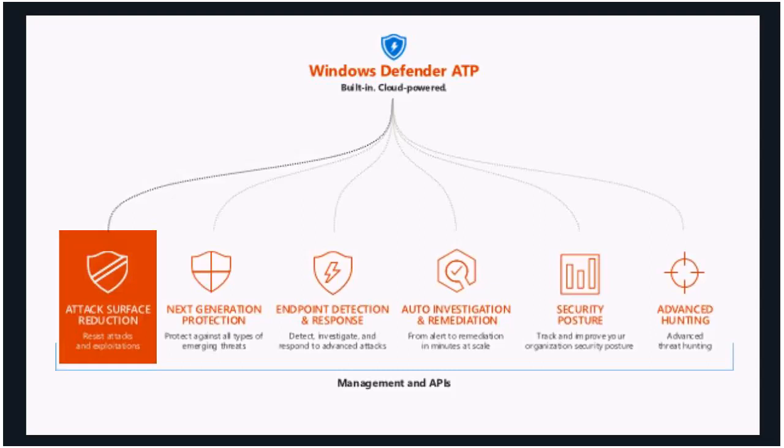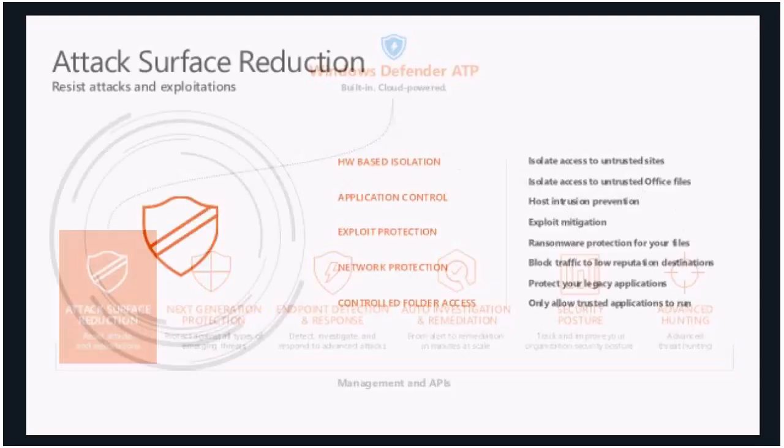Detect and investigate, responding to those threats at the endpoint, right? Investigating and remediating, in many cases automatically, in minutes at scale, right? Learning from other tenants and what's going on in them as well. Tracking and improving the organizational posture, right? So what do we do? How are we doing it? And looking for advanced threats, right? So I'm going to drill down a little bit.